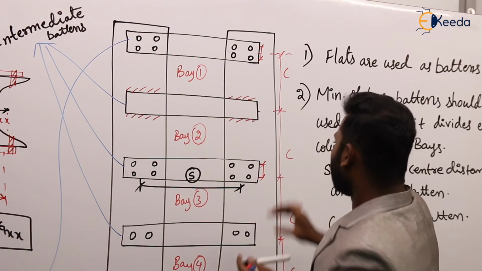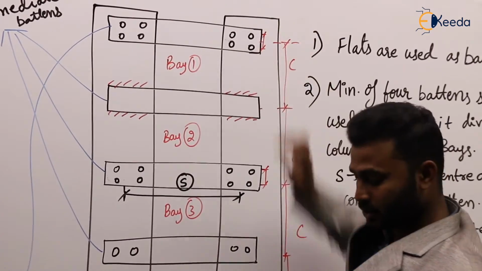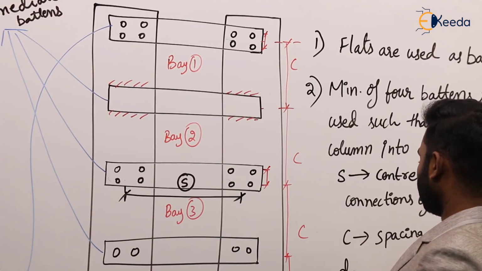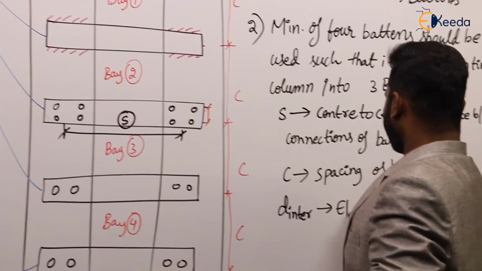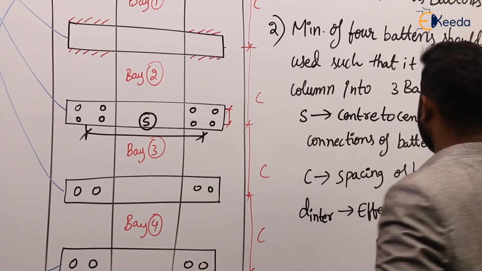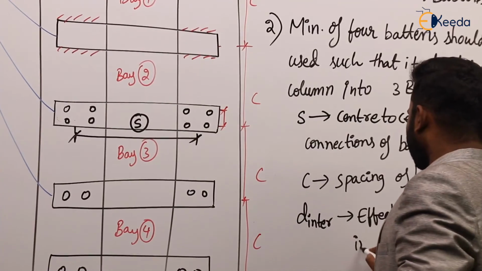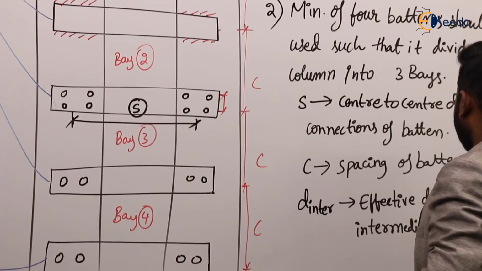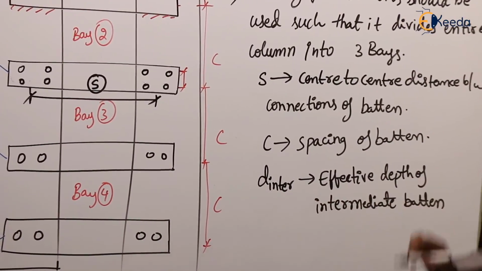So this is the effective depth of the intermediate pattern, and this is the effective depth of the end pattern. As there is no space there, here I am writing D inter. It is nothing but the effective depth of intermediate batten. So D inter is the effective depth of intermediate batten.